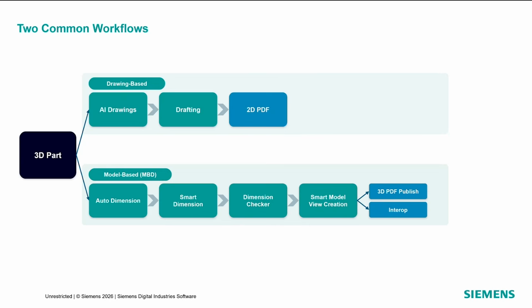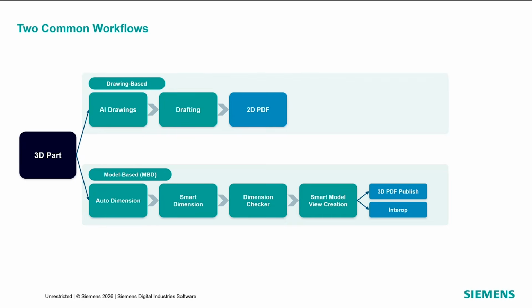So if you were to get us started on the two most common workflows that designers, engineers, design managers, and everyone uses as far as how to get their parts to the shop floor to get manufactured, they use two common workflows.